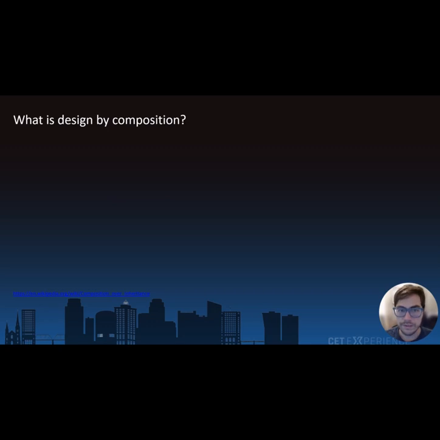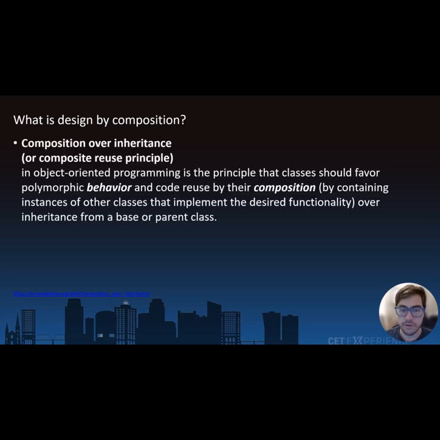So what is design by composition? What I mean is designing with composition over inheritance. Some refer to this as the composite reuse principle. But hopefully this is nothing new to those of us who have gone through a CS course or two. But as a refresher, the definition is on the screen.